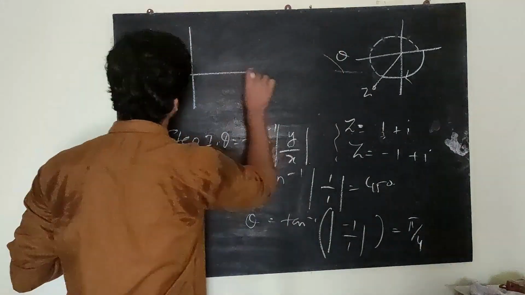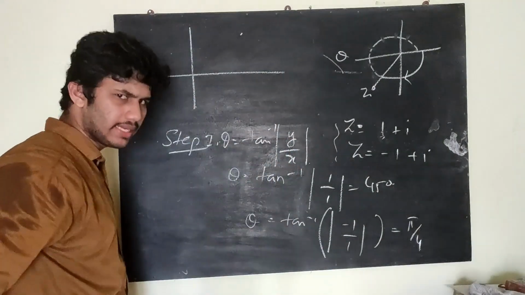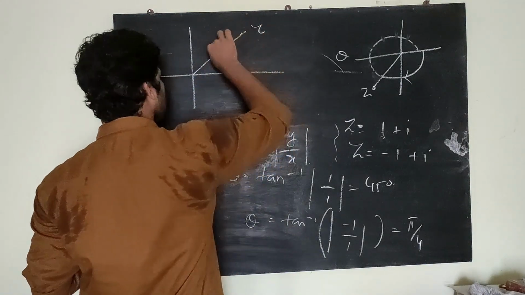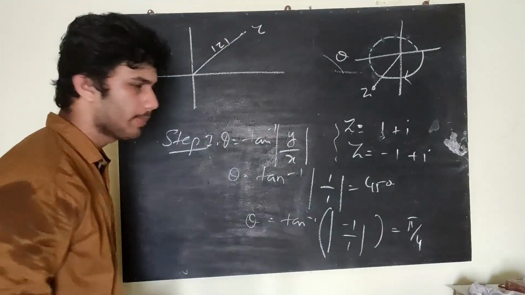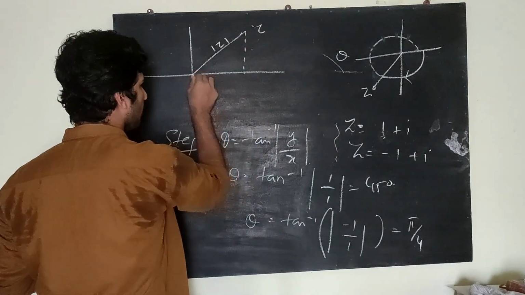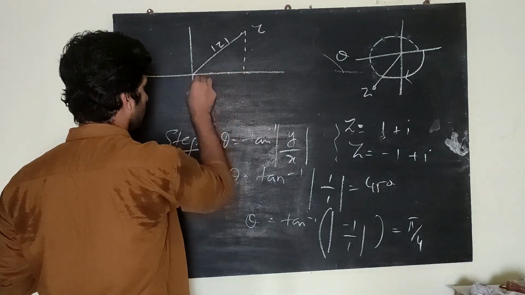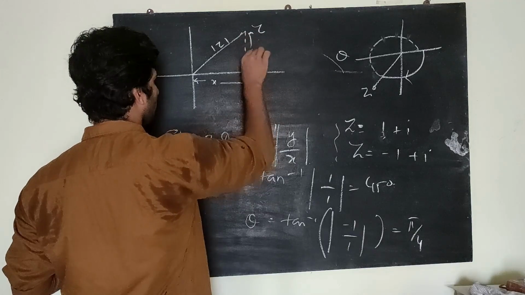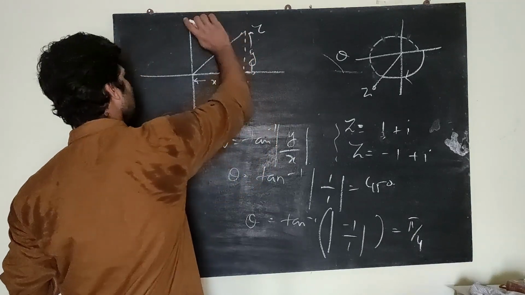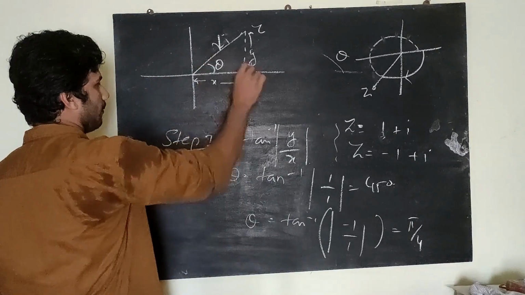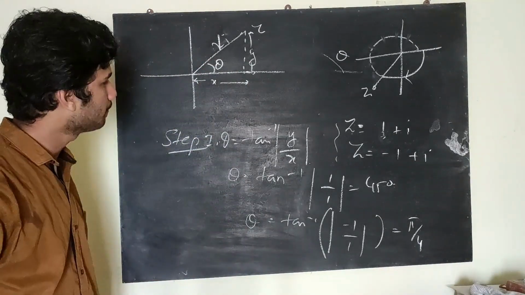Like, if I have a complex number z over here, I'll draw a line. This is my mod z. So this is my imaginary part and this is my real part. Let's say some x, let's say some y, and let's say this is some r, and this is the theta angle, right?